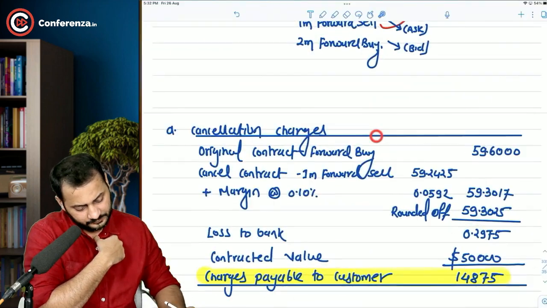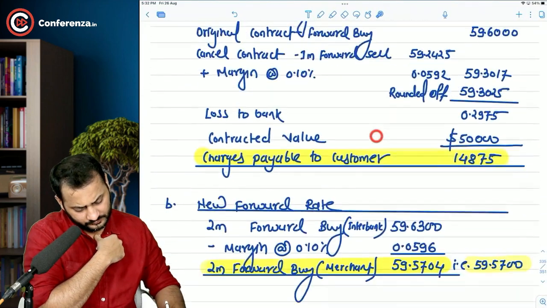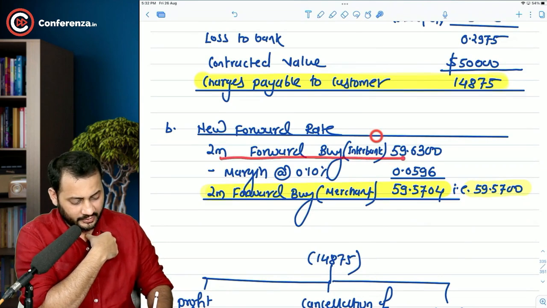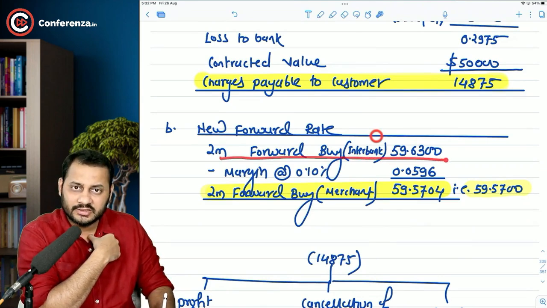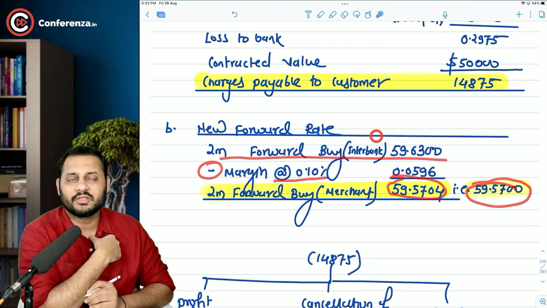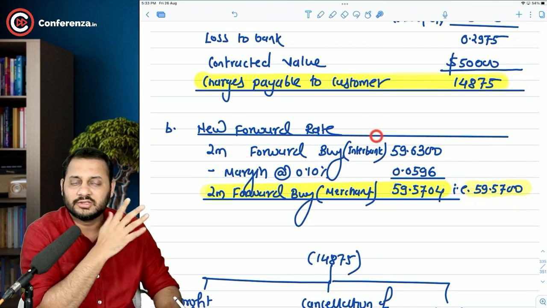Yeah, this one. So 2 months forward buy, interbank rate is 59.63, less margin you can clearly see 10%, and we will come to this point 59.5704 rounded off to 59.57. That's it. So this is the new rate.